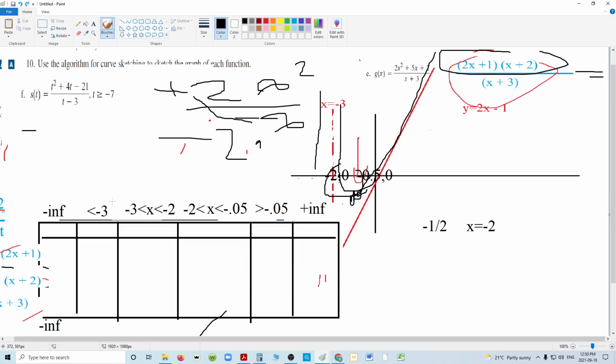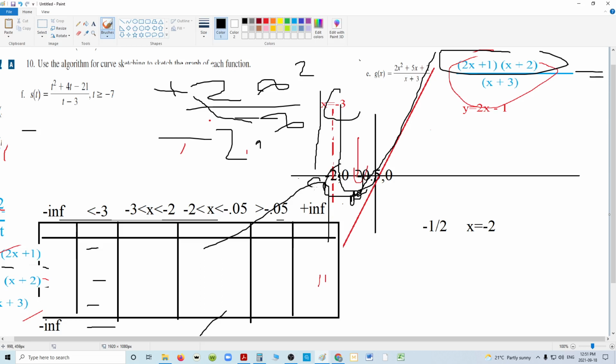Then when it's smaller than -3, let's say -4, this becomes negative, this becomes negative, and this becomes negative. So that becomes negative. So it's still on the negative side, just to the left of the asymptote. So it's probably doing that.